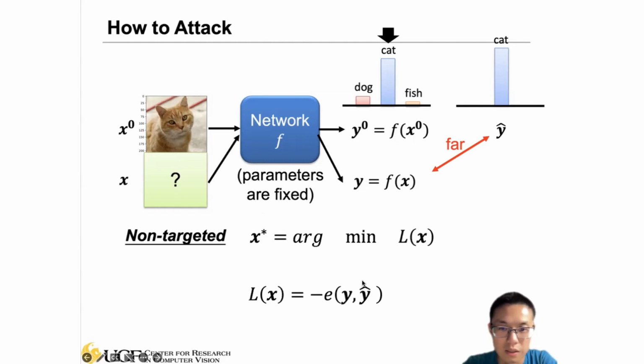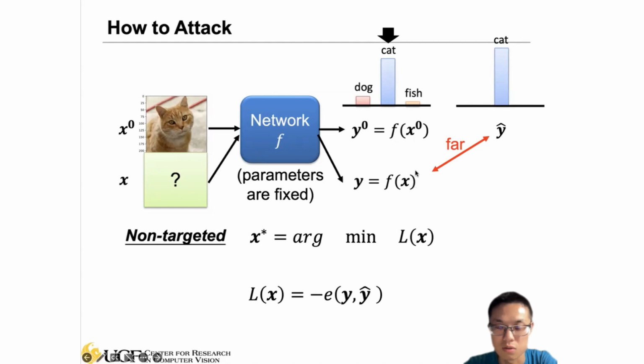And so we can do this kind of optimization. Here we can specify a loss function, and we can use gradient descent to optimize this loss function so that we are able to generate an image that the network misclassifies. Because we want to make the prediction as far away from the ground truth, we can use the cross entropy as the loss, just like the usual supervised learning.